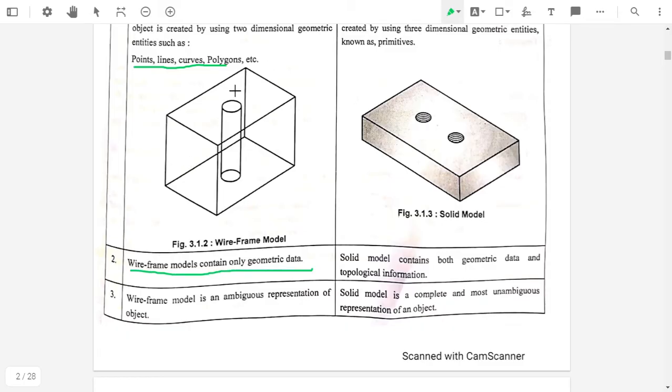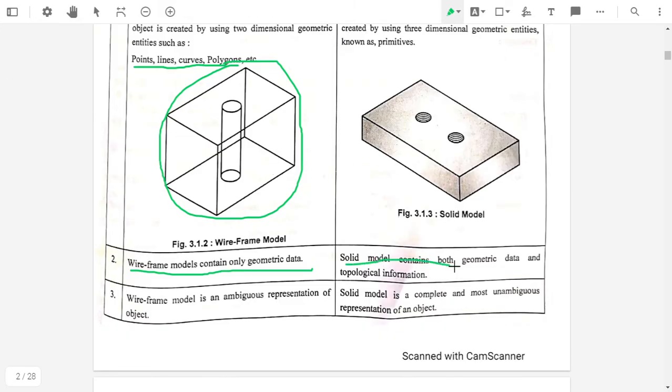If we consider this object, it only contains geometrical data. That means what is the length of this line, what is the diameter of this circle, where this circle is positioned, what is the height of this circle, what is the depth of this circle. That geometrical information only is contained in a wireframe model.